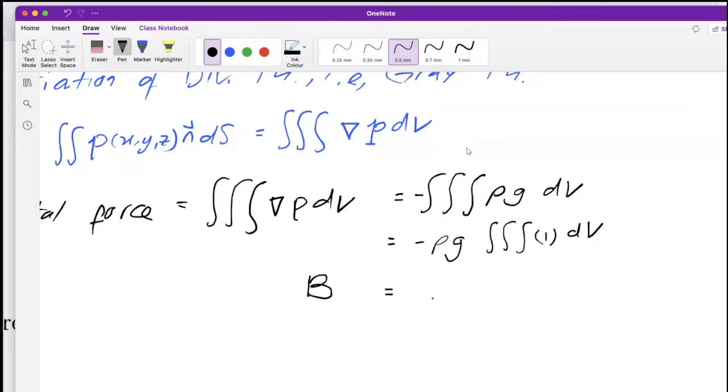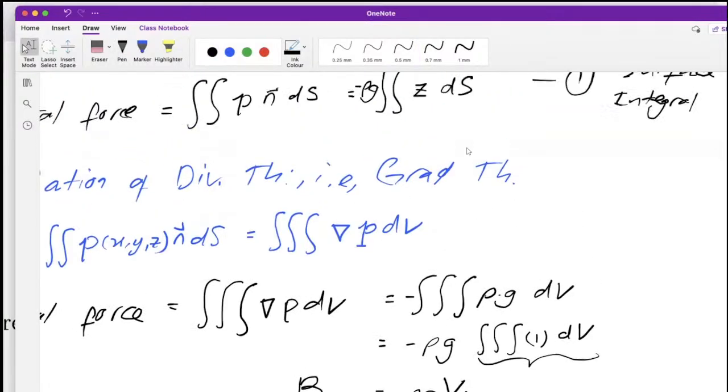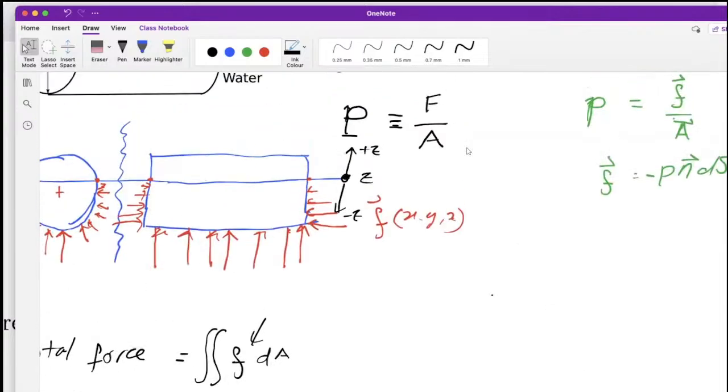Let me write rho g and then V, because the whole triple integral of 1 times dV is just the volume of the displaced fluid.